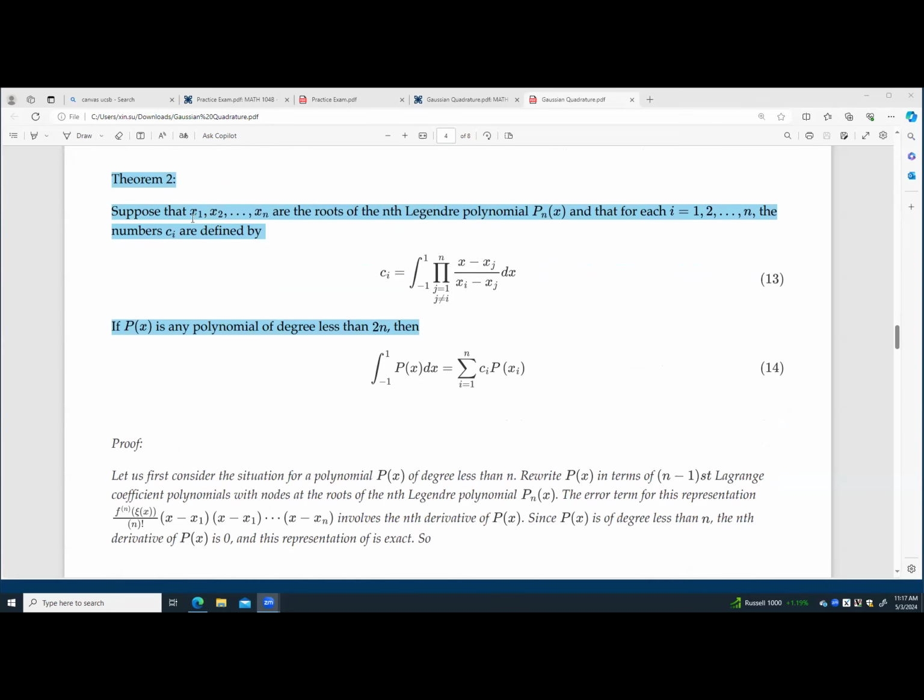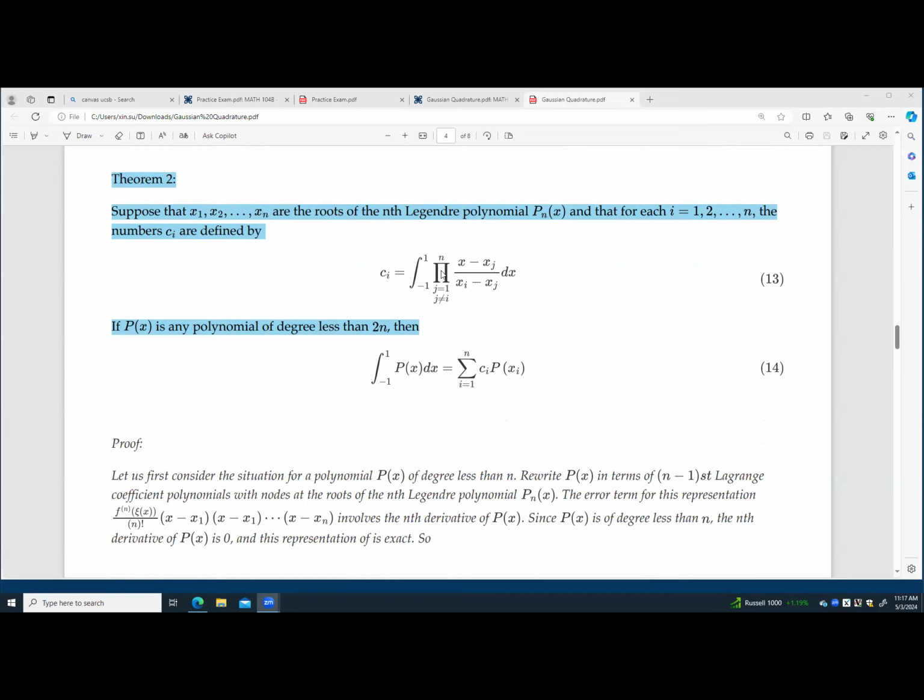So the x1, x2, the nodal points are the roots of the Legendre polynomials, and the Ci is just the integration. But I don't like to use the integration here because I hate to do the integration.